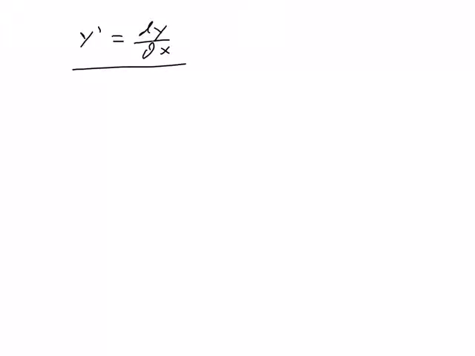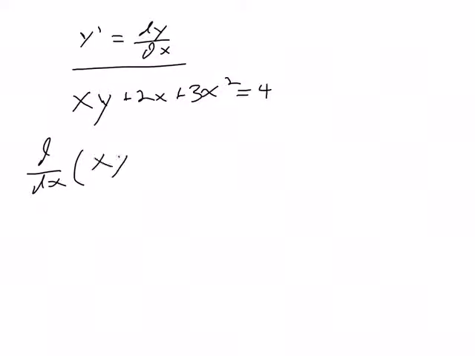So the first problem, this is on page 169, is x times y plus 2x plus 3x squared is equal to 4. And so we want to take d over dx of this entire thing, which is xy plus 2x plus 3x squared, and then say this is equal to d over dx of 4.